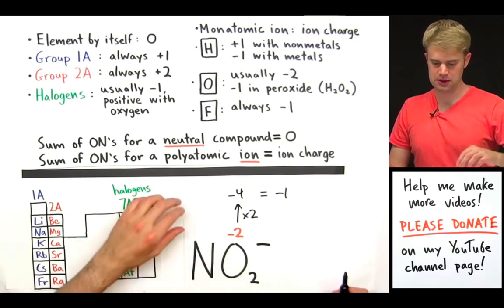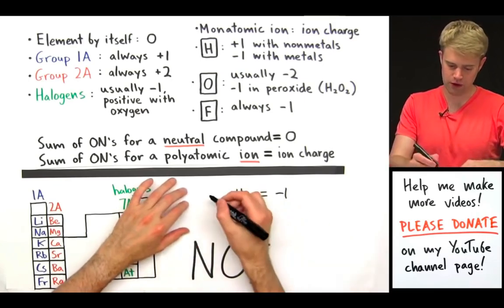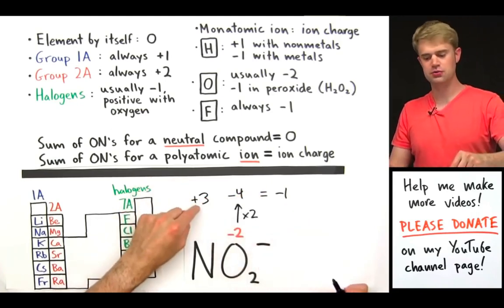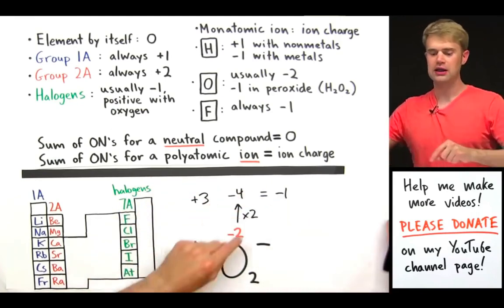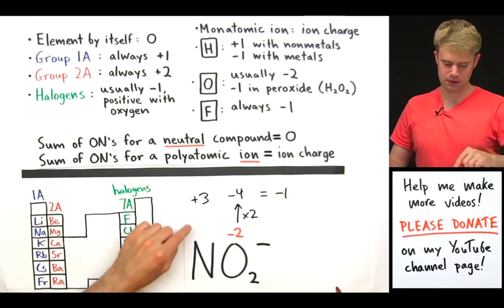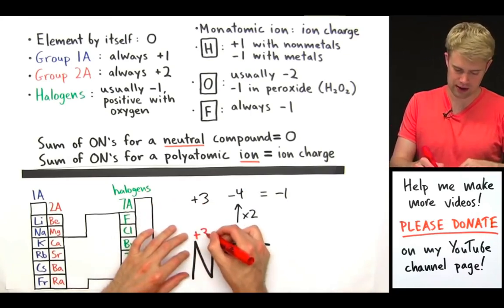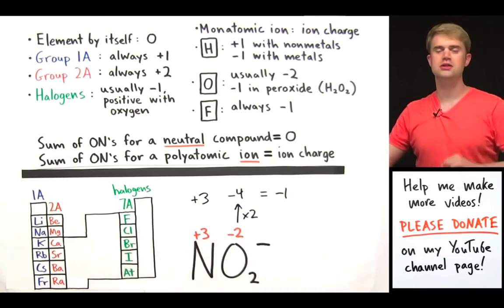So this means that 3 minus 4 gives us -1, which means that the oxidation number here on nitrogen is going to be +3.